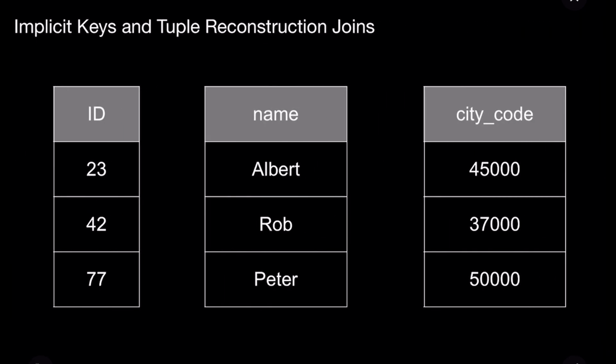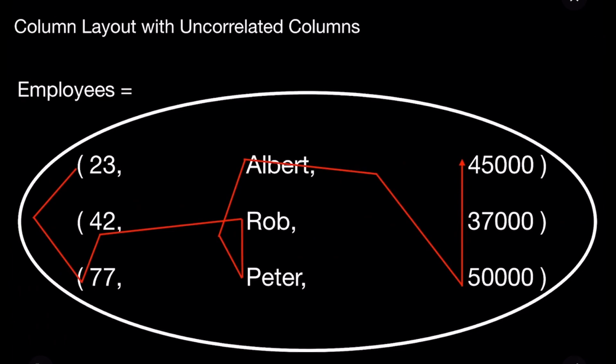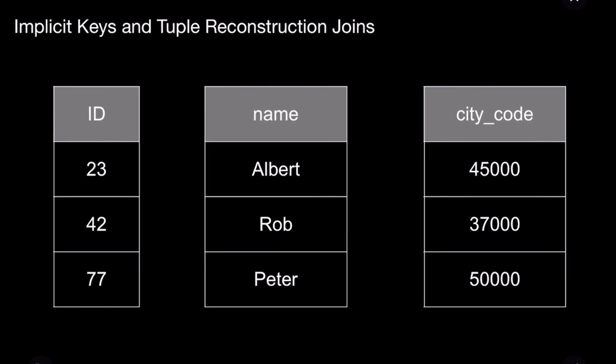Should I, I don't know, let's skip over that. Oh, no, maybe let's briefly explain that. One thing you will see if you have a column-wise representation is at certain times when you want to retrieve more than one attribute value, you have to correlate the different entries. So if I have an implicit key representation, I know that these guys belong together.